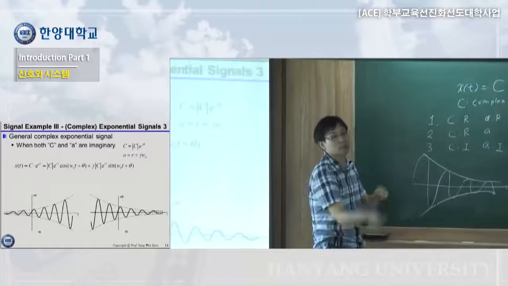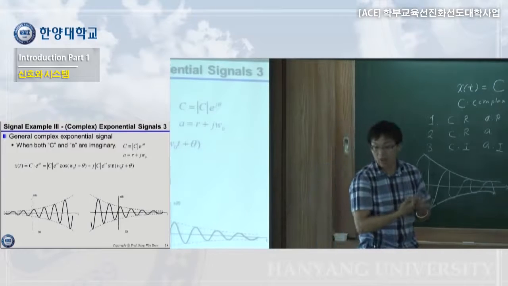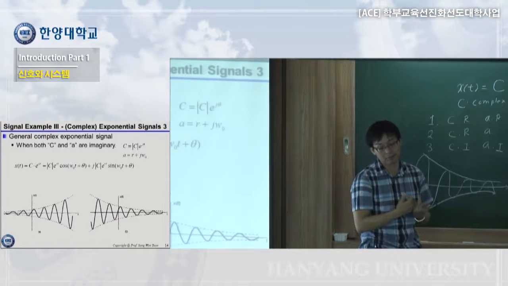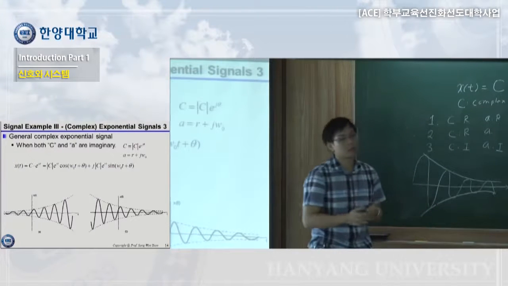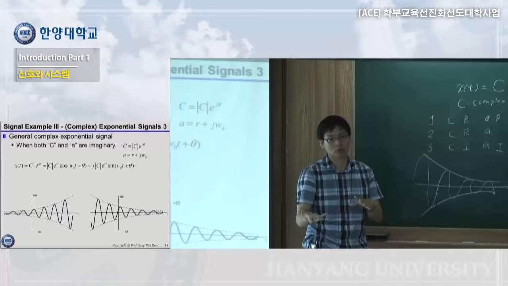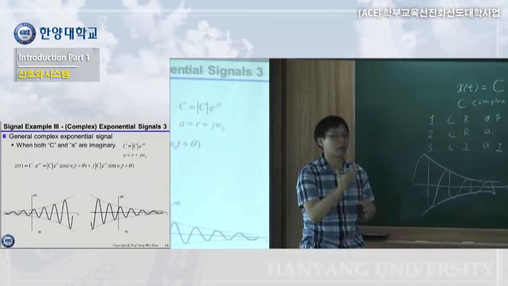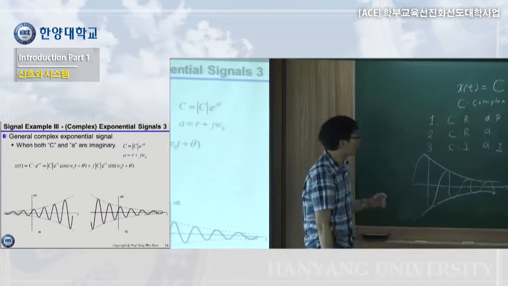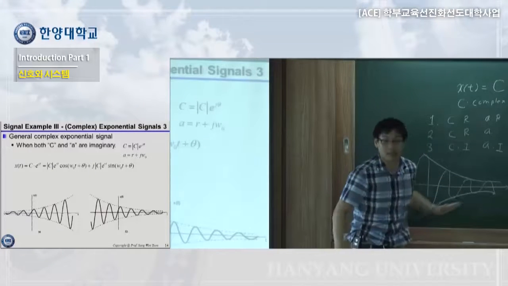Mathematically, if you just put in the numbers, we can find it very easily. However, one of the important messages here is that it can diverge or it can converge. This divergence or convergence concept will be used to define whether you can find the Fourier transform or not. For example, this one is decaying, right?